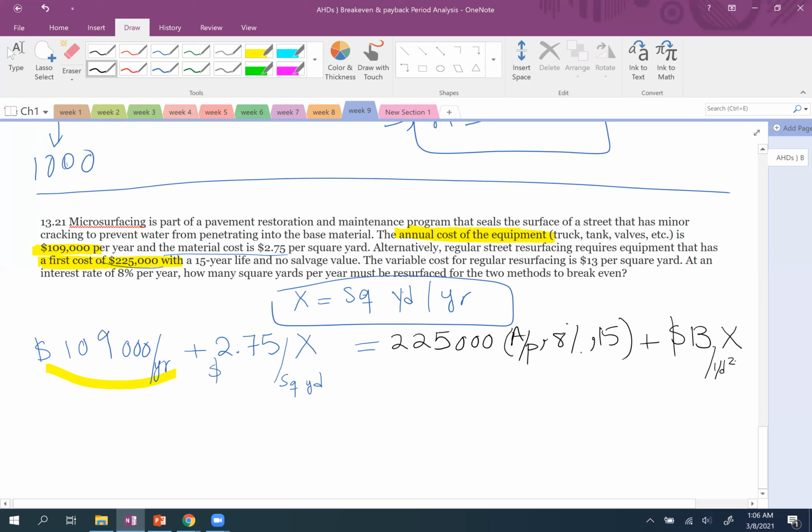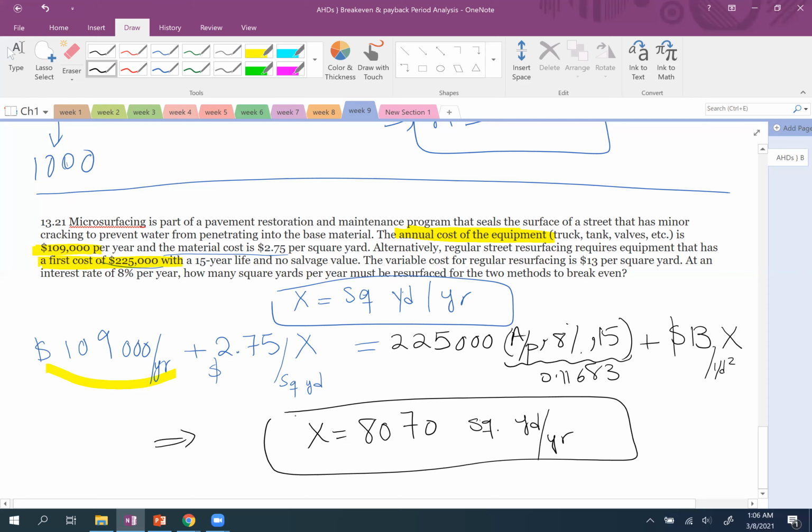So as you can see, I can find the value of A given P, 8% and 15 from the table, probably 0.11683. Set them equal, and if you do the math, you will see the value of x will be 807 square yards per year. That will be the answer to this question.